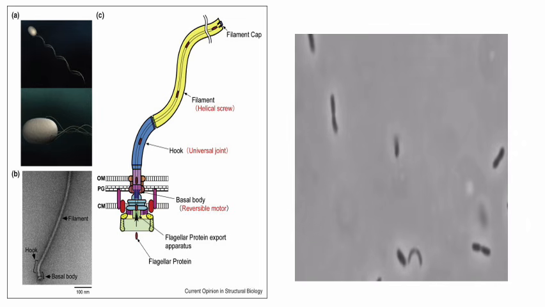Also, some bacteria are attracted to certain stimuli, which is called taxis for this type of motility. As you can see here in the slide, some bacteria are detected for their motility by a twitching movement.